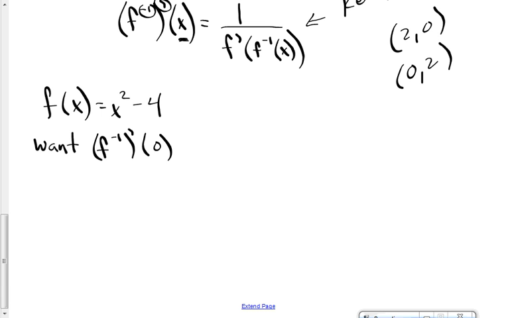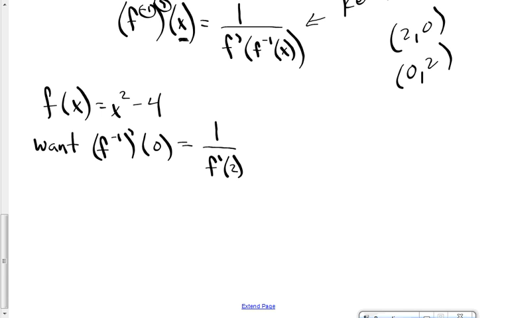We didn't call it the inverse, we called it g. But the slope of the inverse is 1 over the slope at 2 on the original, right?